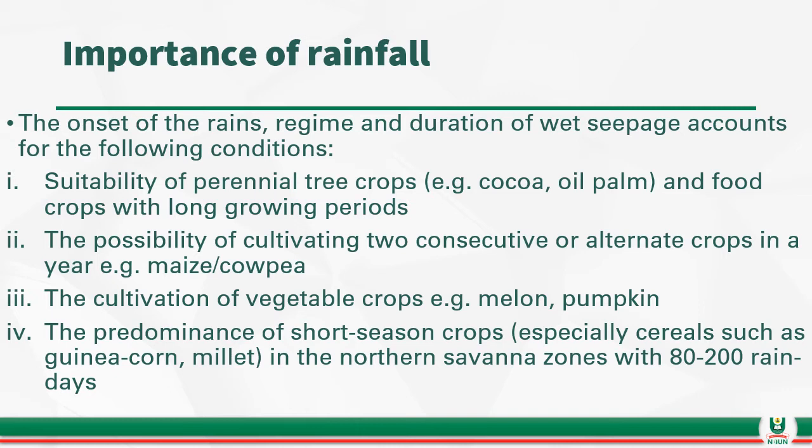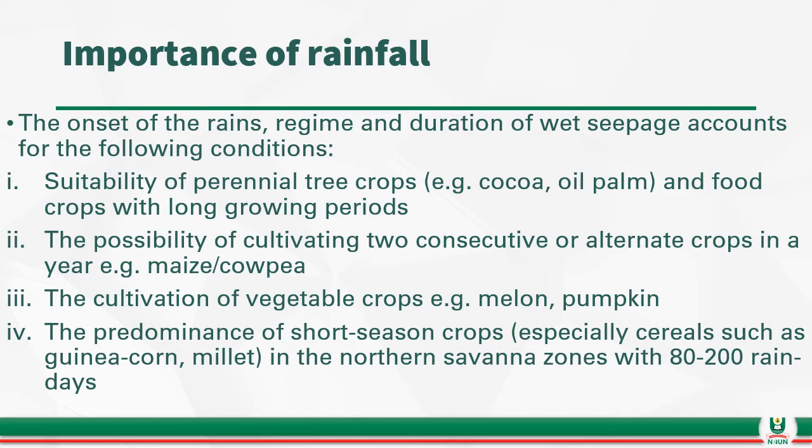And the possibility of cultivating two consecutive or alternate crops in a year. Like your maize and cowpea, you want to maximize the rainfall period and plant as much as possible two crops in an alternate manner, so that at the end of the day you get your economic value, or at least you get from one crop if you cannot get from both.